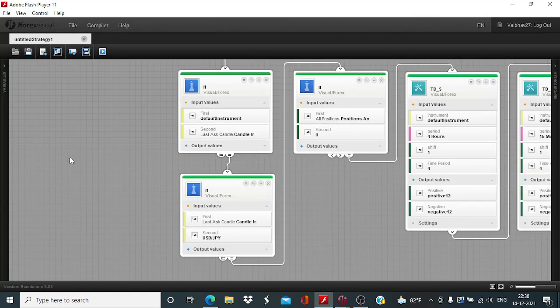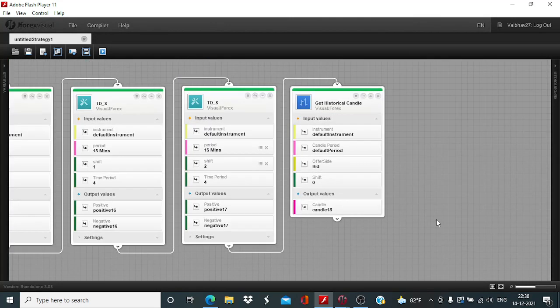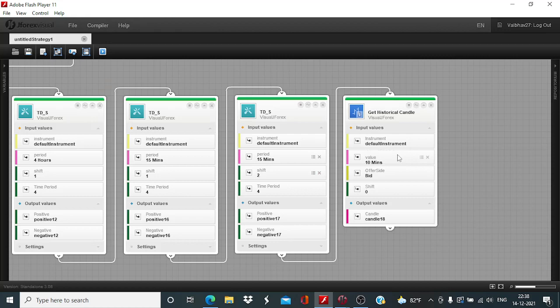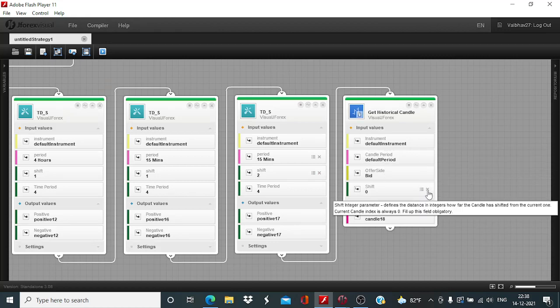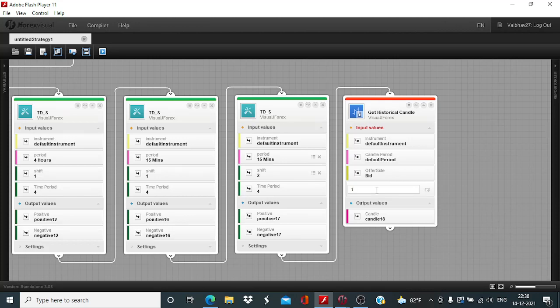Okay, now the default instrument is USD JPY instead of Euro USD, and this shift value will be 1. The candle period will be changed to 4 hours.